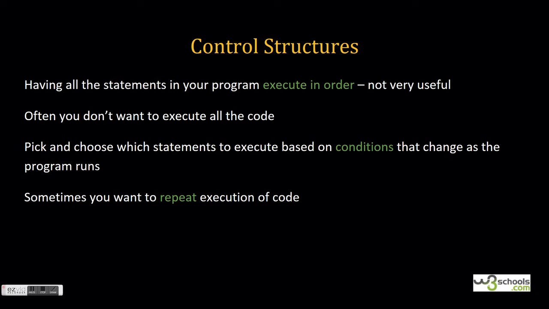We're going to unpack the different ways that code is executed, and how you actually get to pick and choose what is executed. Another way of controlling the way a program executes is through repetition, and this is where for loops and while loops come in.